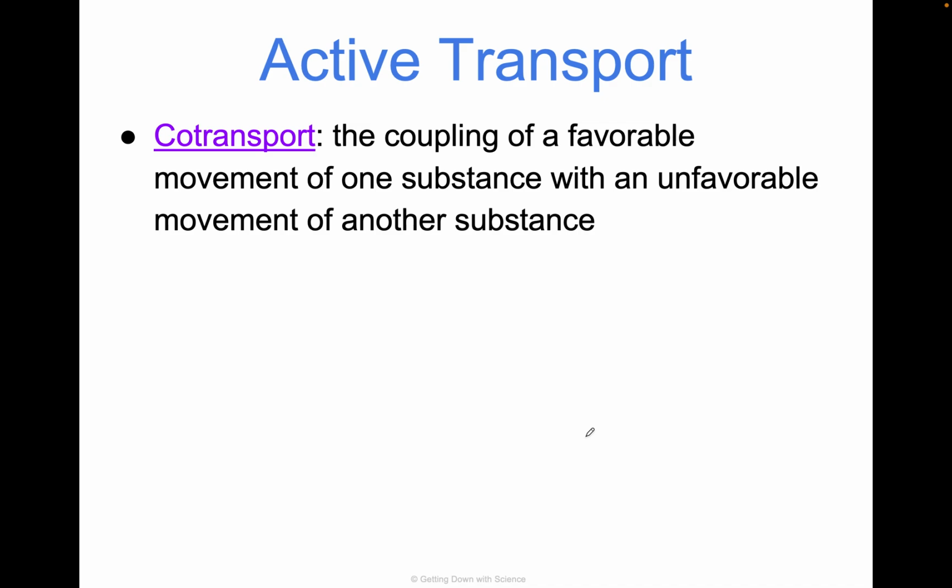Co-transport. Okay, this is your friend grabbing your arm and saying, you're coming with me. We're going to get into this restaurant. It's the coupling of favorable movements of one substance with the unfavorable movements of another, right? So grab a friend, let's bring them.